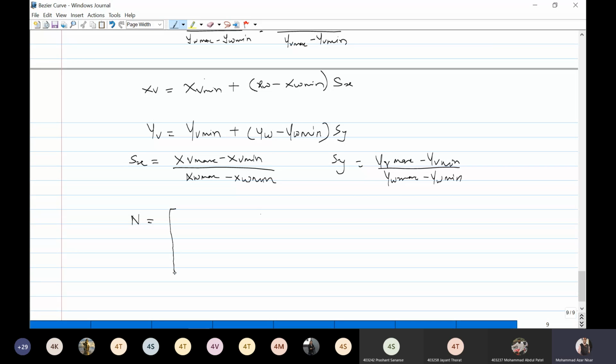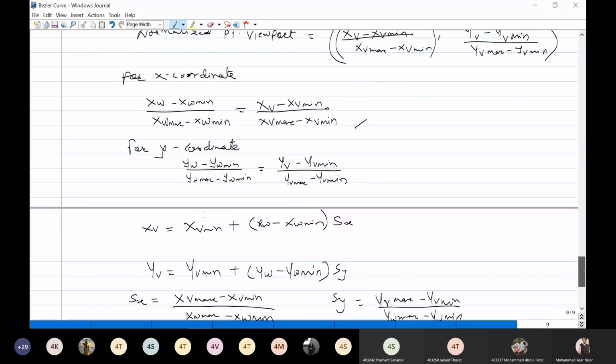It will be Sx 0. So in the scaling matrices, you have to use the same type: Sx, Sy, 0, 0, 0. Then instead of x, use this x equation, and instead of y, use the y equation.